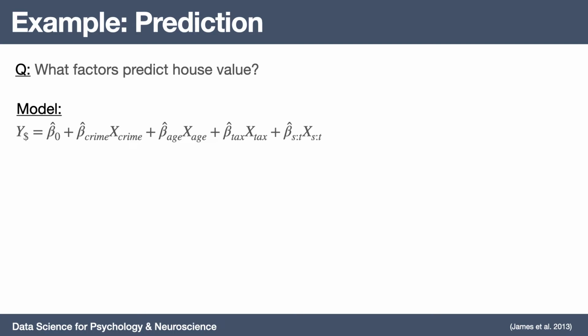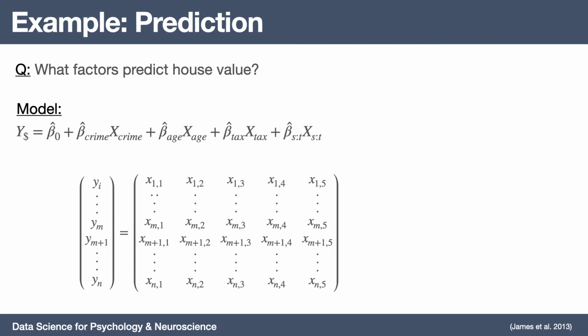So in this case, maybe we fit our regression coefficients on a subset of data from, say, Boston, and using the regression coefficients we get from Boston, try to predict the house values in a city like New York or Pittsburgh.